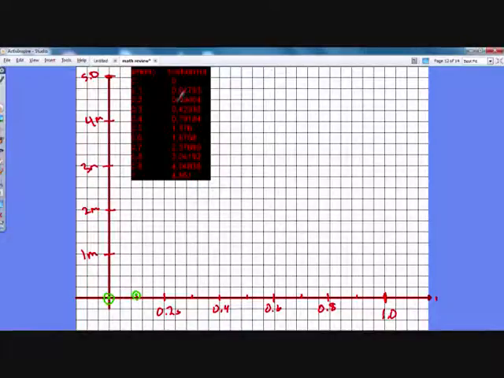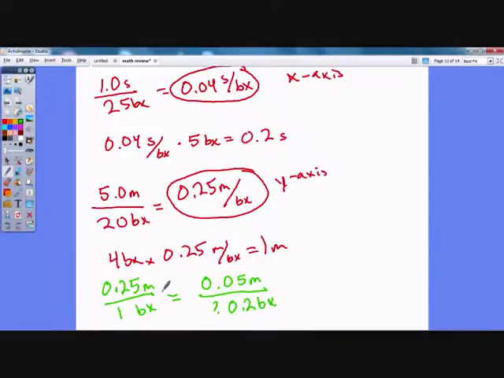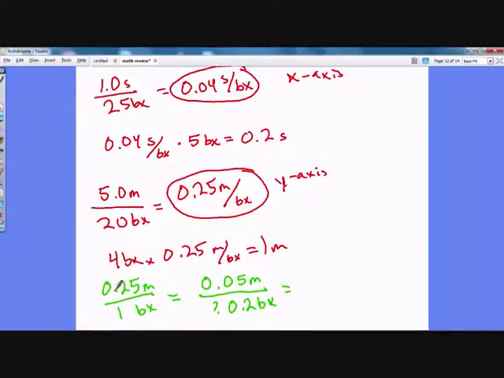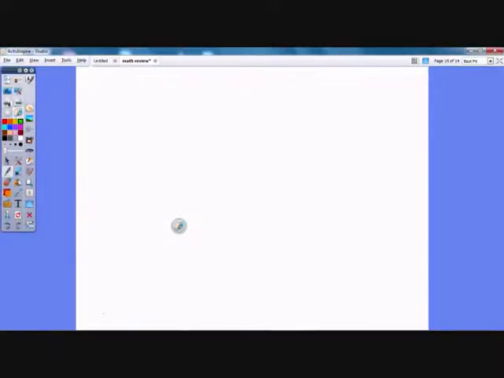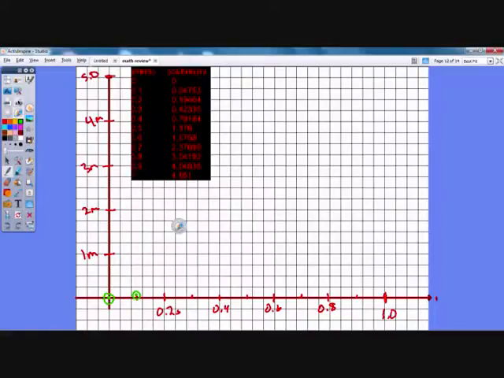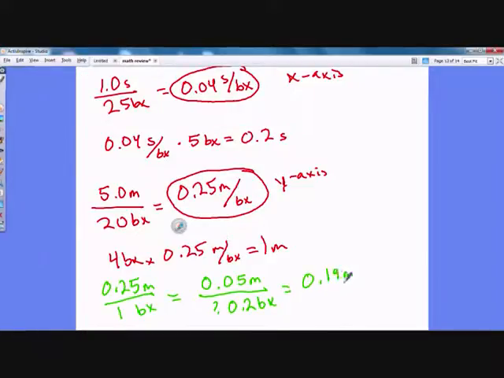0.194. So we're going to round that off to 0.19. Using the same ratio, well, if 0.25 meters is 1 box, how many boxes is 0.19 meters? Don't know.